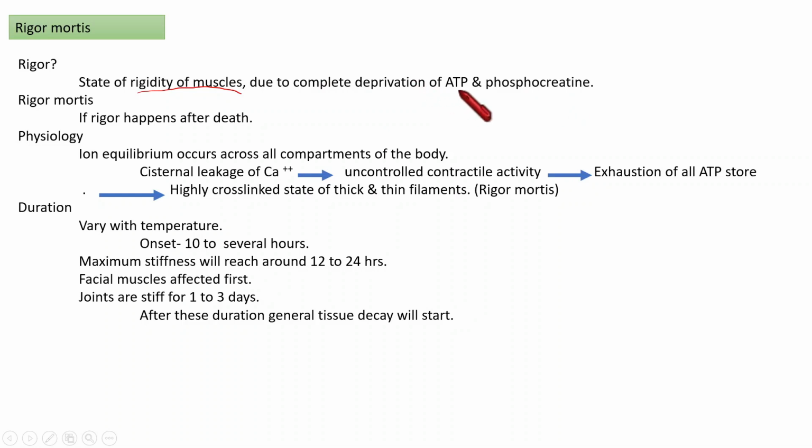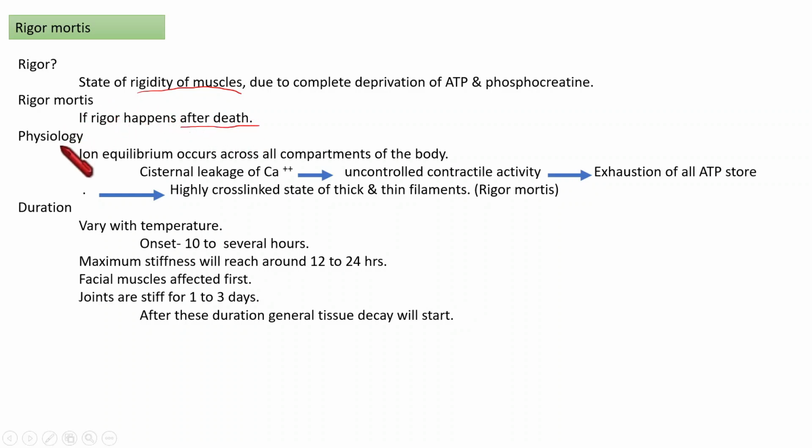When these sources get exhausted completely, then muscles reach a rigid condition, and that state is called rigor. Then what is rigor mortis? Rigor mortis means that when this rigor happens after death, it is called rigor mortis.